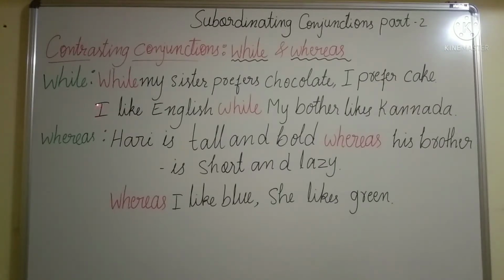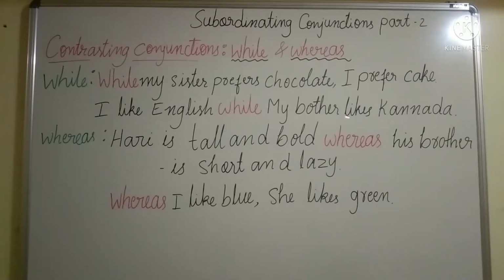Next, let's have a look at this. I like English while my brother likes Kannada. Okay. In this case, this sentence starts with an independent clause. Hence, we need not use a comma here.